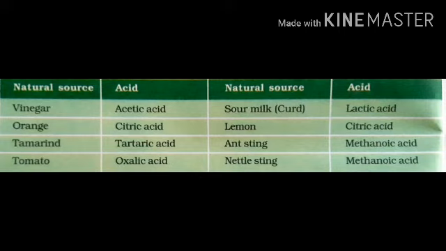Tomato contains oxalic acid. Sour milk, that is, curd, contains lactic acid. Lemon, again, contains citric acid. Ant sting and nettle sting, as we discussed just before, contain methanoic acid. So these are the acids present in the common substances that we see around us in our daily life.